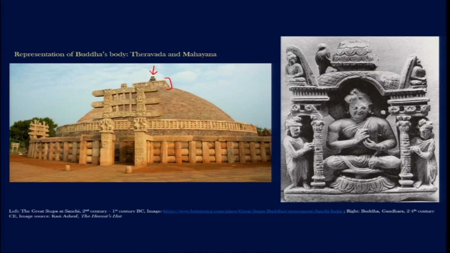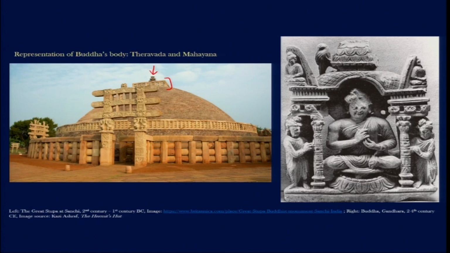The umbrellas are something that we find held over royals or important individuals. So there are 3 umbrellas, which signifies that the individual whose relics are resting beneath this particular structure is no royal, but is beyond the royals or the human beings. So that is what it signifies, the divinity of this figure, that means Gautama Buddha.